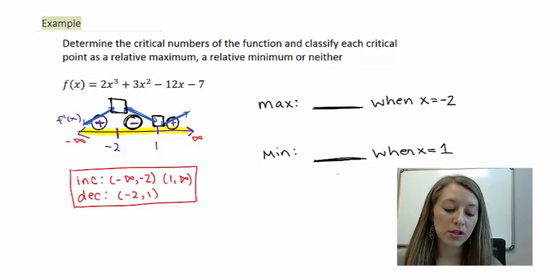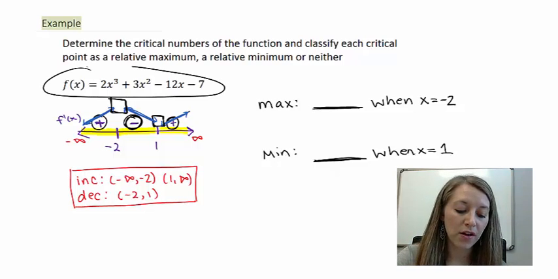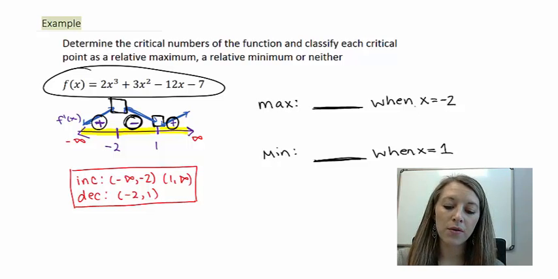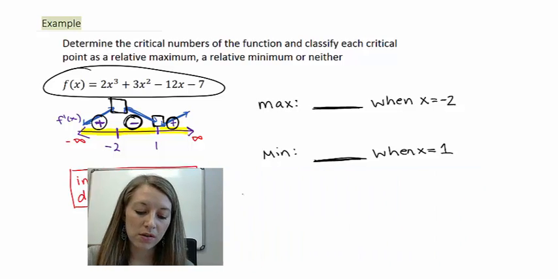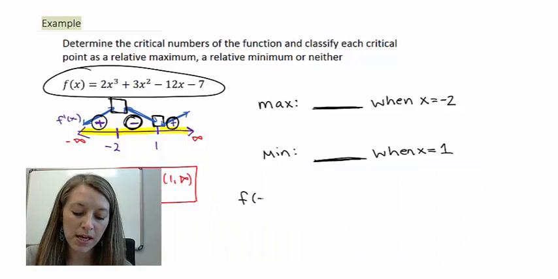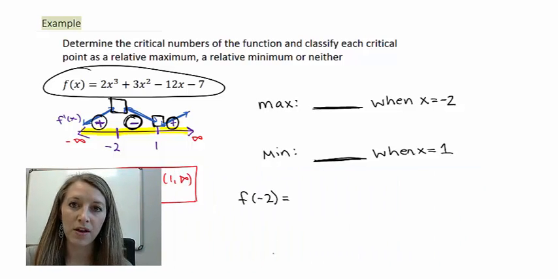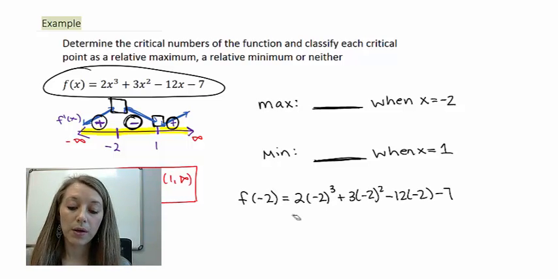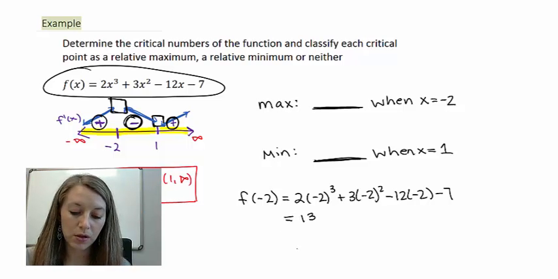Well, these are found by just using the original function. We just need to figure out what our y values are if we were to substitute our x values into this function. So to figure out where my maximum value is, I just need to figure out what f of -2 is. So let me plug -2 into that function. When I simplify this, that gives me the y value is equal to 13.